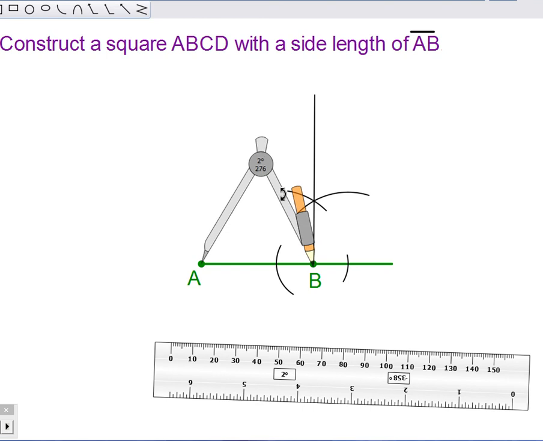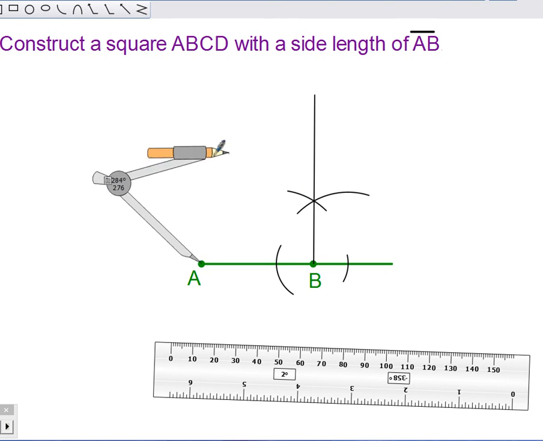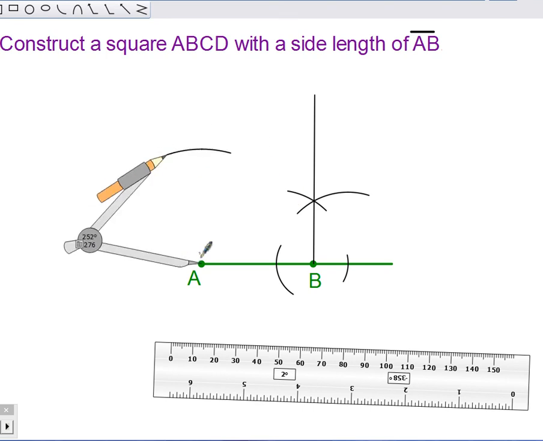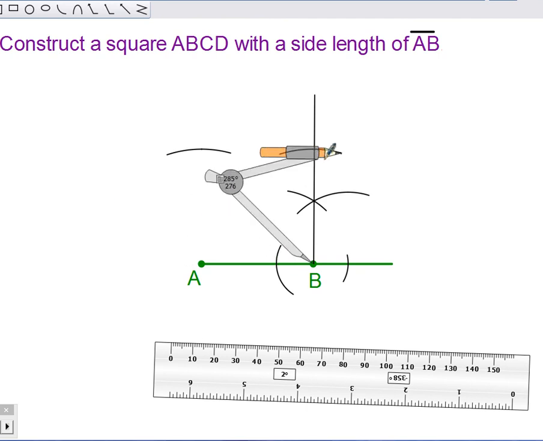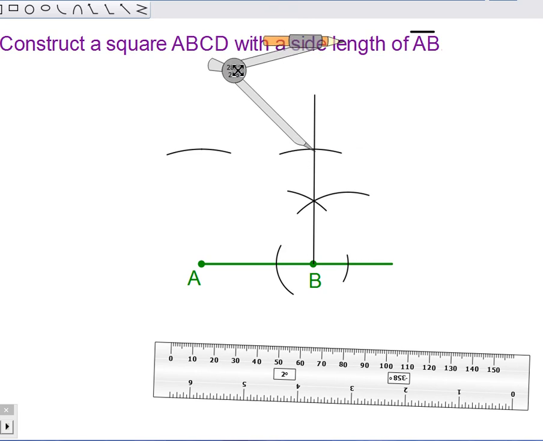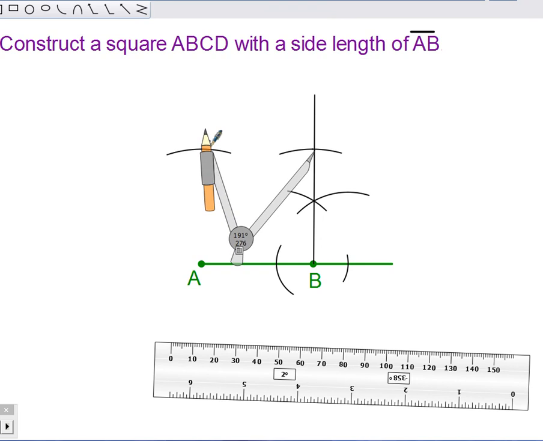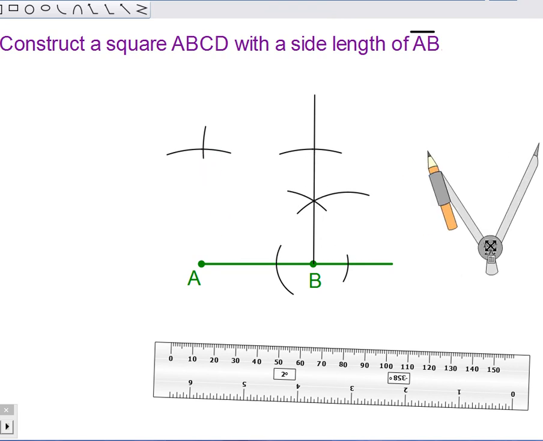So now I'm going to rotate that around, and I want that length to be there. I want that same length also to be over here. And I also want that same length to be over here on top. Okay, so we measured here, I moved it up, moved over here, made another arc. So I've got this length AB is here, it's also there. Now I know this is a point of intersection, so that's one of my corners.